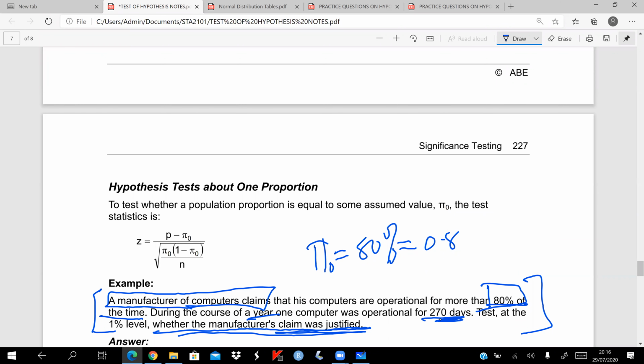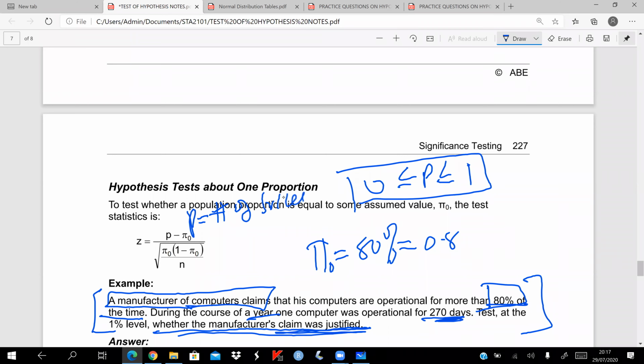P. Remember what we said last week. P is a number between 0 and 1, and how do we define P? The number of success outcomes divided by n. So P is always a number between 0 and 1, just like 0.8. So what is this 270?